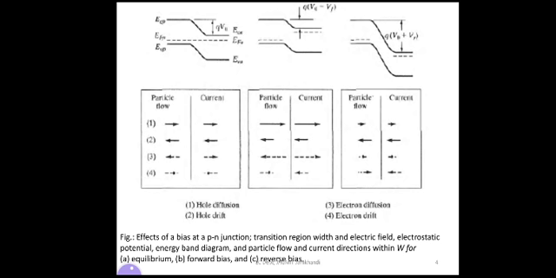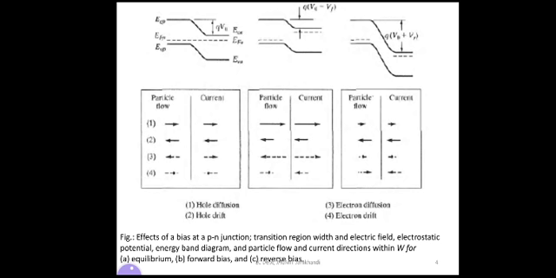The change in the electric field at the junction calls for a change in the transition region width W. It is still necessary that a proper number of positive and negative charges, in the form of uncompensated donor and acceptor ions, are exposed for a given value of the electric field.